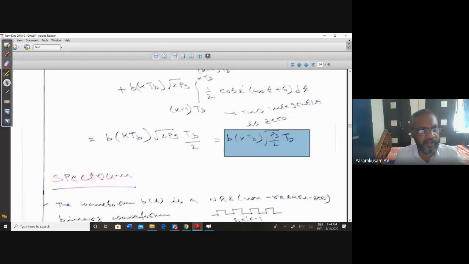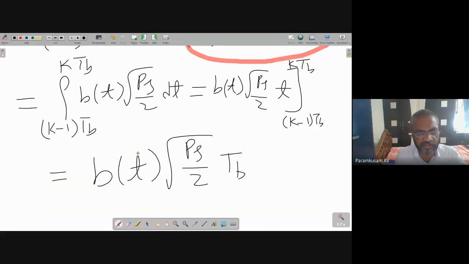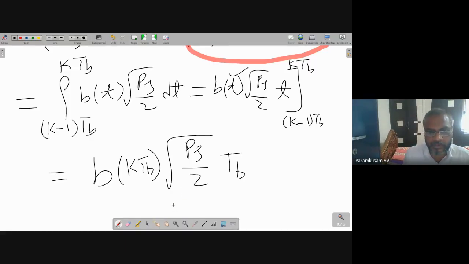Here we are finding B of kTb, so we need to apply the limits here also, from (k minus 1)Tb to kTb.